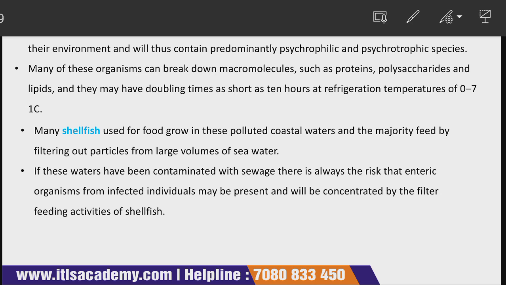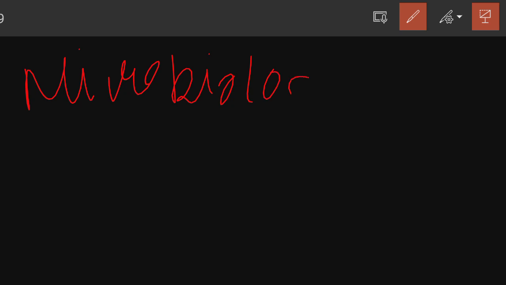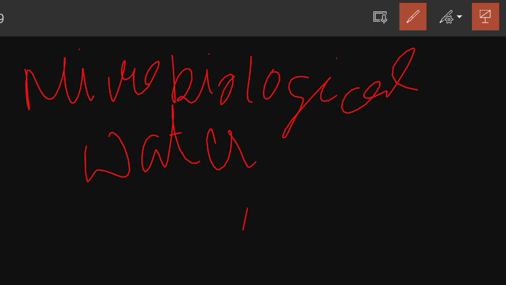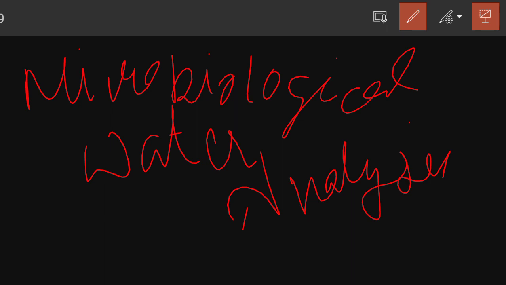Now, one heading I'm writing on this is microbiological water analysis. If you analyze the water, this heading says the most important bacterial gastrointestinal diseases transmitted through water are cholera, and we know that we have salmonellosis.